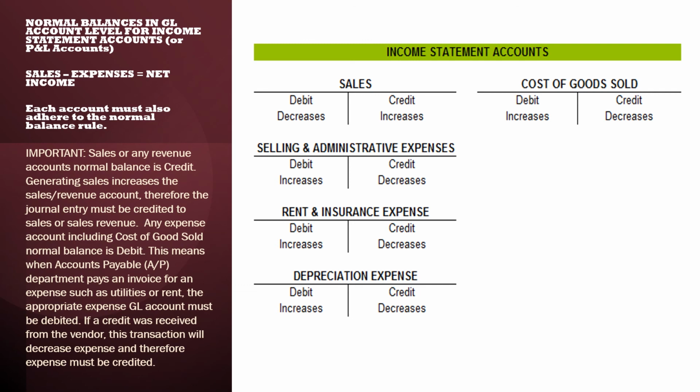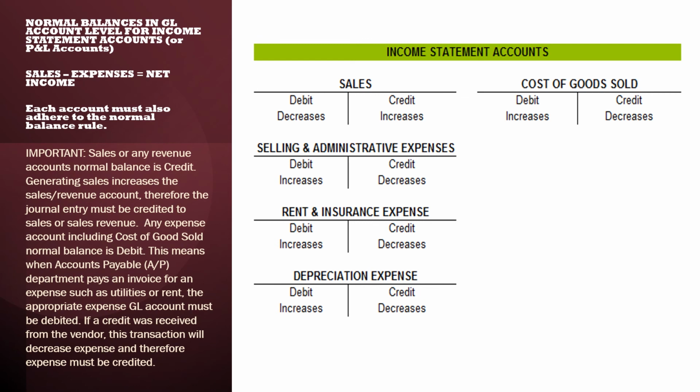So similar to our balance sheet, this must also follow the principle of the normal balances. So there's a note here too that sales or any revenue account's normal balance is credit. Generating sales increases the sales revenue account. Therefore, the journal entry must be credited to sales or sales revenue. Any expense account, including cost of goods sold, normal balance is debited.